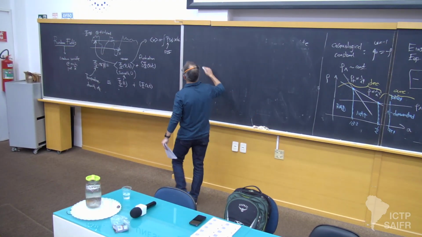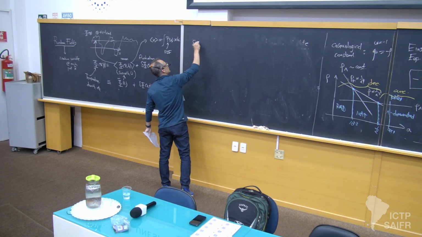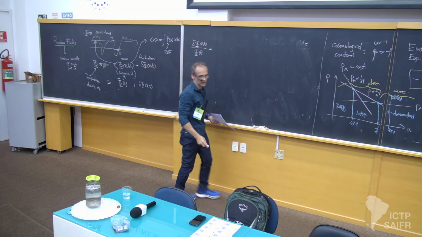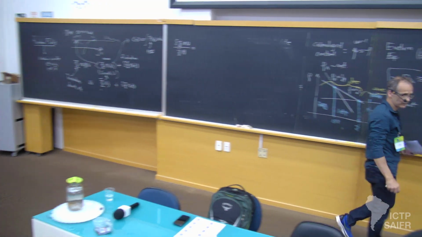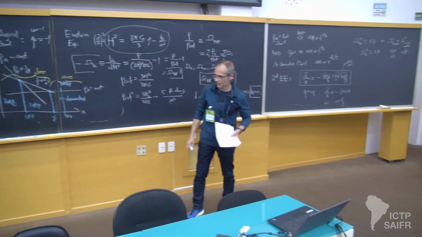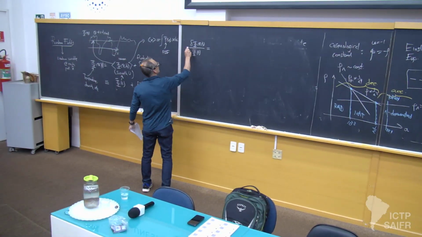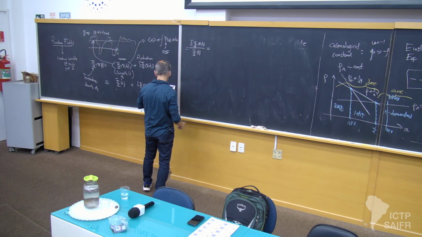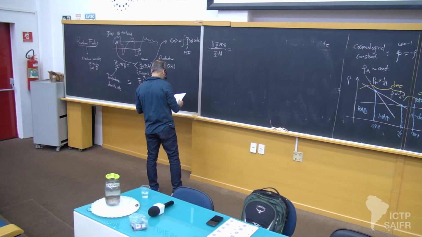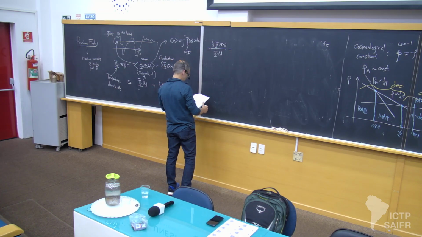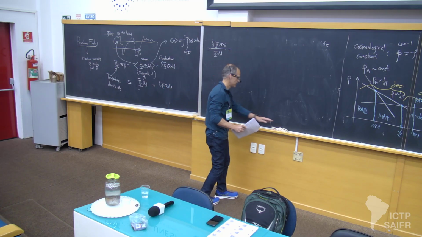So in cosmology, we usually work with dimensionless fluctuations. We take the fluctuation and divide by the mean. We do that for a lot of things, like the temperature of the CMB fluctuations, the matter fluctuations, and so on. Let me do it this way.